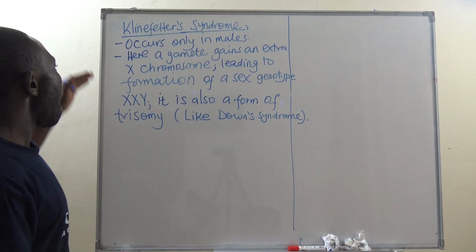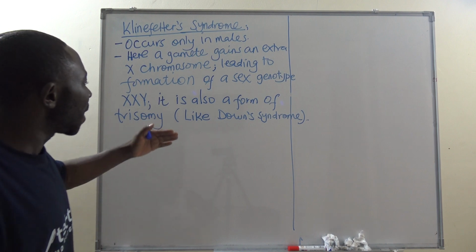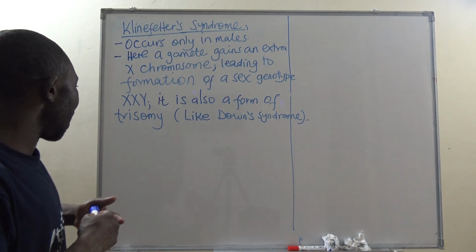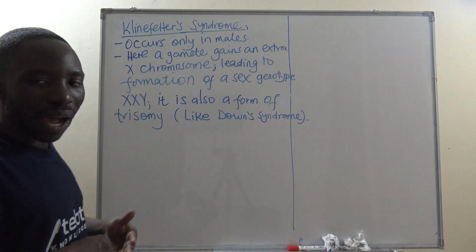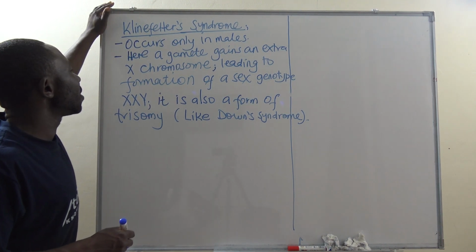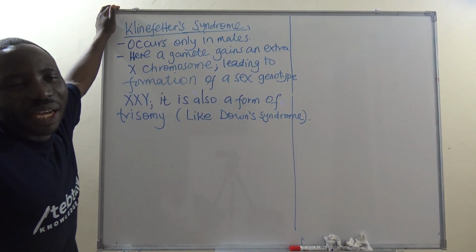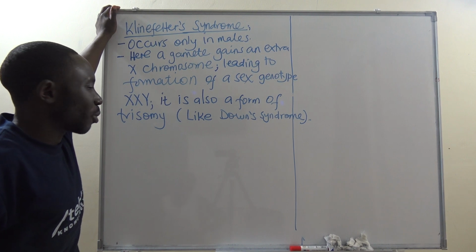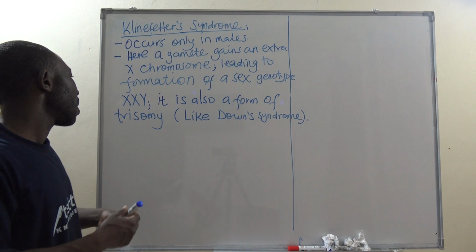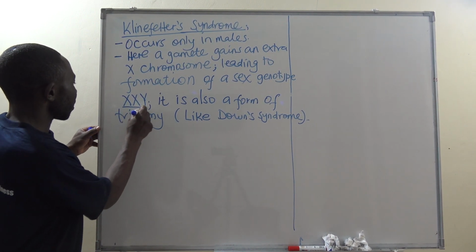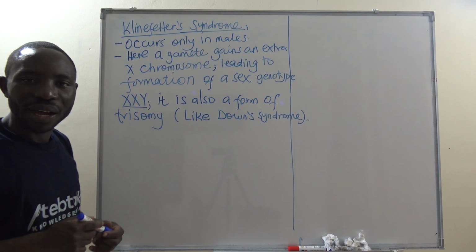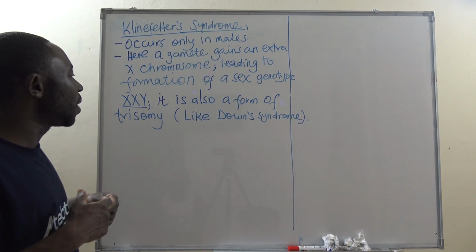So, both Down syndrome and Klinefelter's syndrome are forms of trisomy, whereby an individual gains an extra chromosome. But of course here, the individuals gain an X chromosome, and this changes their sex genotype, which becomes XXY. Now that is for a male. And so for that matter, this male is called a feminine male.